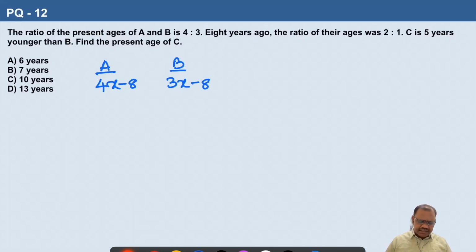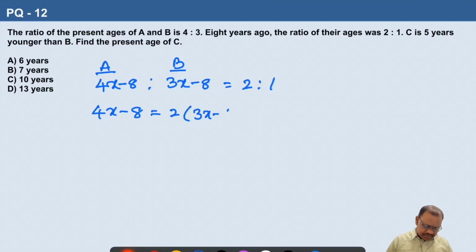Ratio of their ages was 2:1. So that means age of A is 2 times of B's age. 4x minus 8 is equal to 2 times of 3x minus 8.